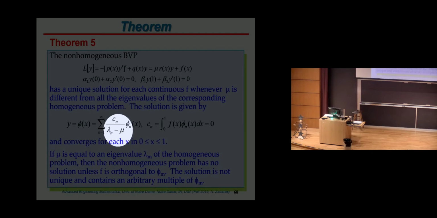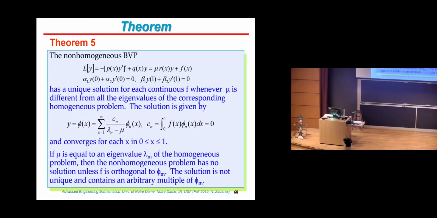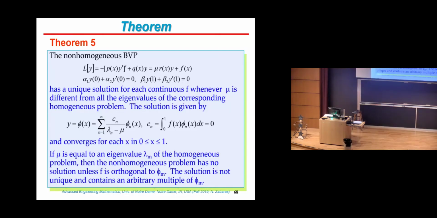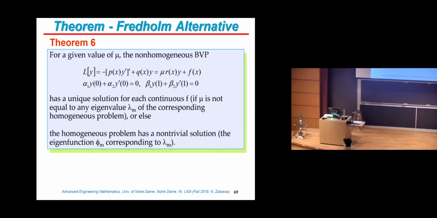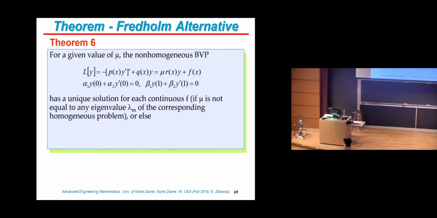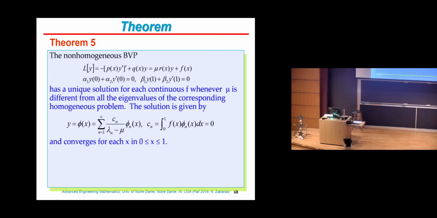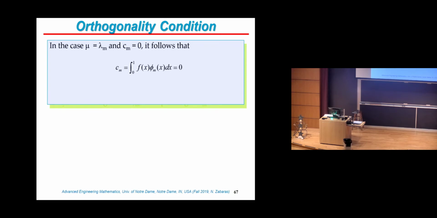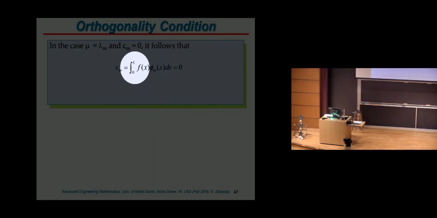Now, if it happens that mu is equal to lambda n, two things may happen. Either you have no solution, or you have infinite solutions, okay? And infinite solutions means the coefficient can be arbitrary. Everything depends on whether this is going to be 0 or not 0.